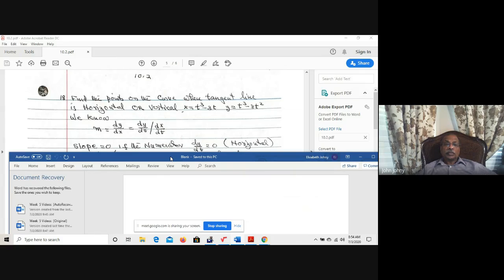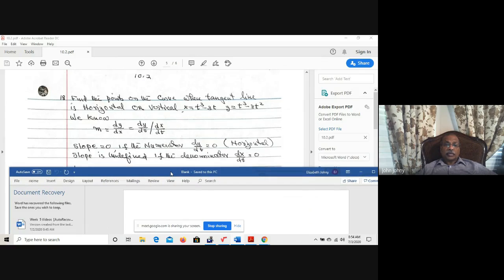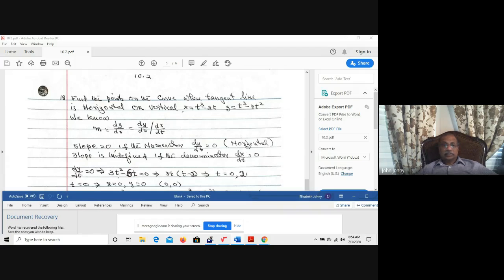Slope is 0 if the numerator is 0, that is horizontal, and the slope is undefined if the denominator is 0. So dy over dt is equal to 0 implies 3t square minus 6t is equal to 0, that is 3t times t minus 2 is equal to 0.